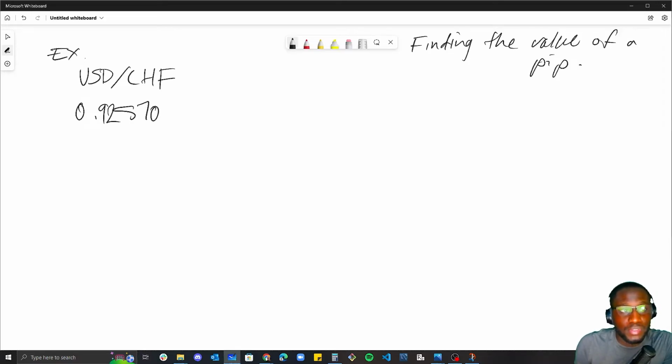So we want to find the value of a pip within the base currency, which is this currency. This is called the base currency. Talked about this before in the previous lessons. And then this, of course, is the quote currency.